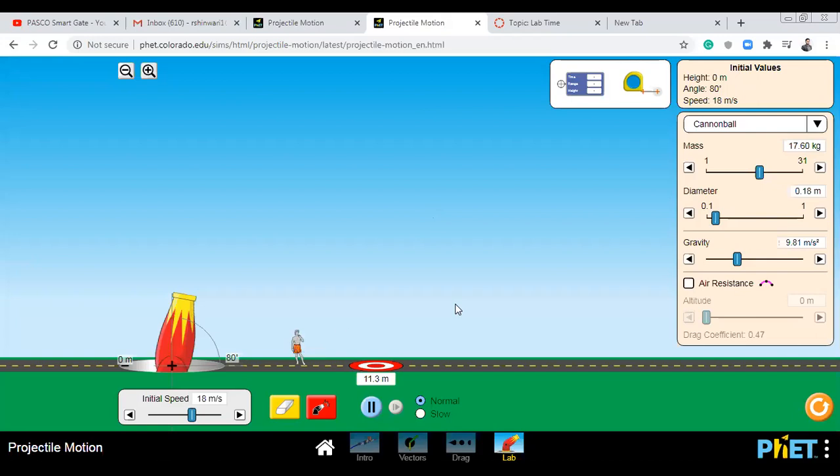This one. Angle is 30 degrees. Initial speed 10 meters per second.